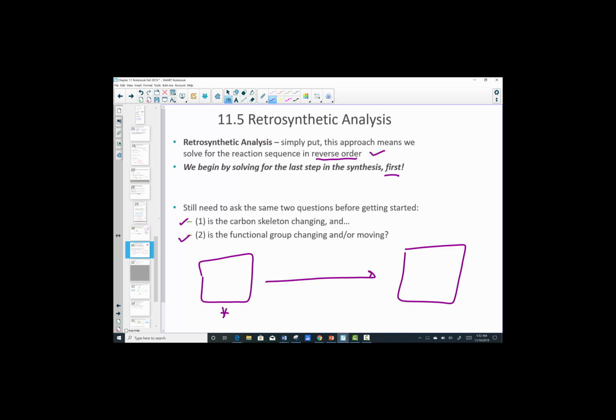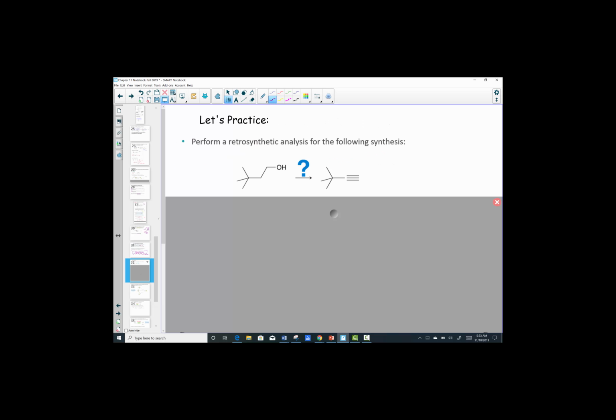Instead of beginning here and saying, what can I do, what can I do, start here and just go back. How can I change this into this? And I just keep working back until I arrive at my initial reactant. It's much more effective working backwards, and let's show that with some specific examples.